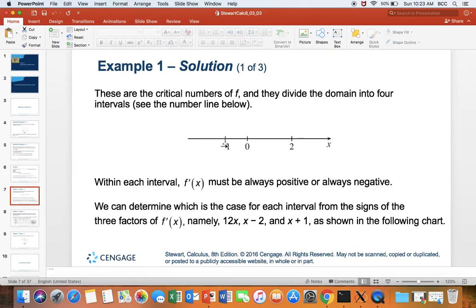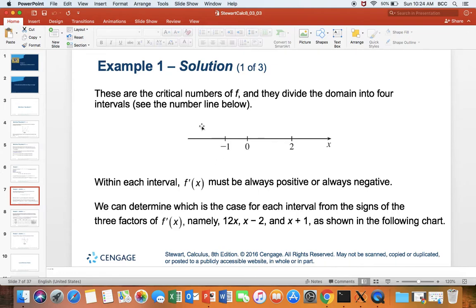The first cut gives the first piece, the second cut gives the second piece, and so on. So we have 1, 2, 3, 4 pieces of the number line because of 3 cuts.